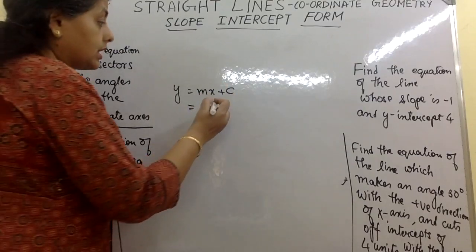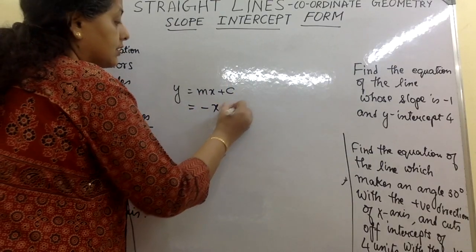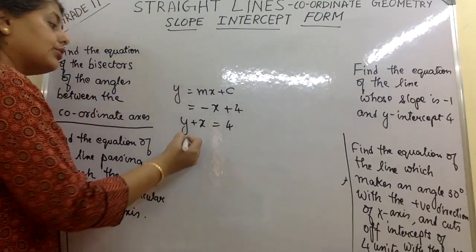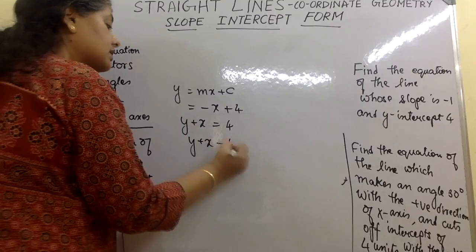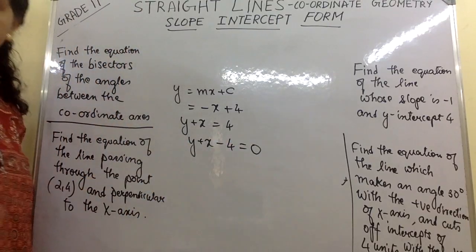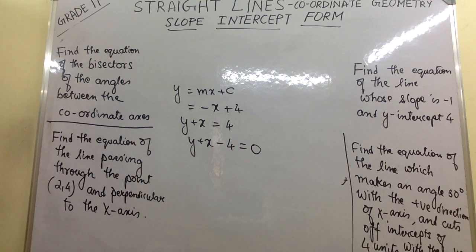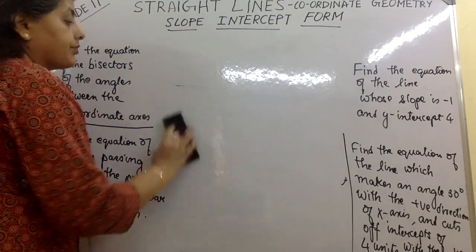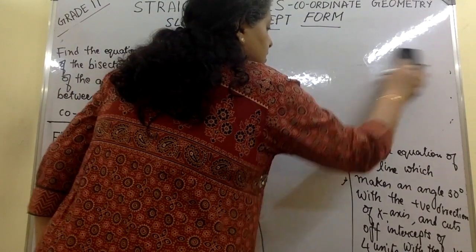So y is equal to -1x plus 4. So y plus x is equal to 4, or you can also write y plus x minus 4 is equal to 0, whichever way you want. That is the equation of this line.